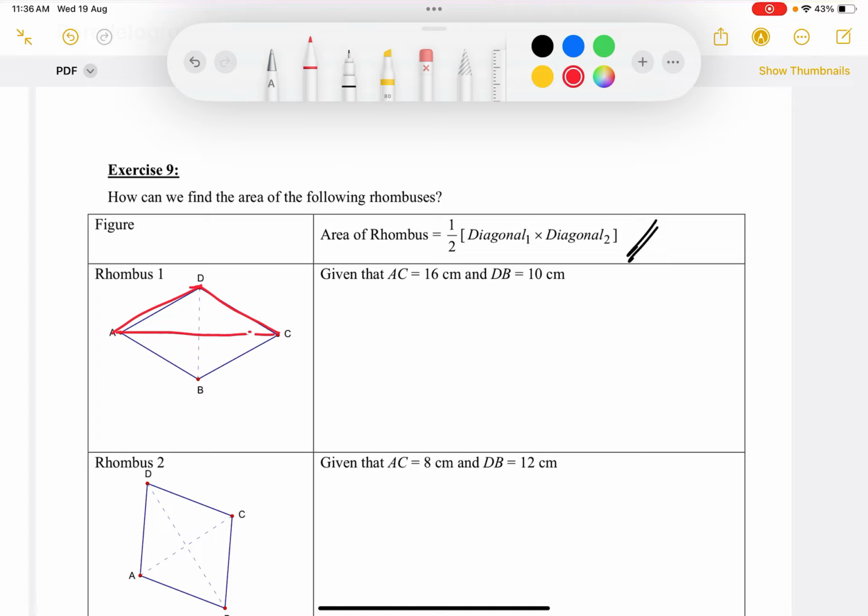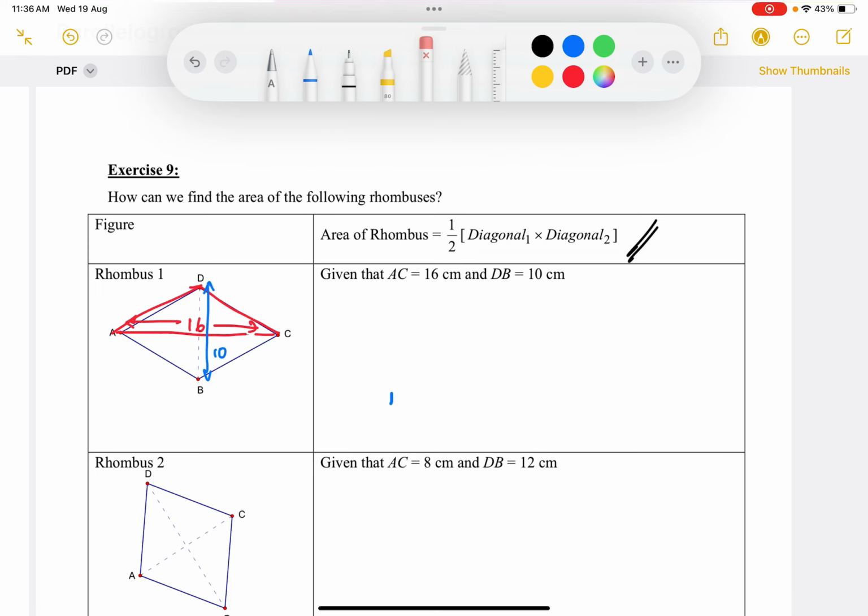And you can see by symmetry, the triangle on top, ADC, is the same triangle as ABC. Information provided, AC is 16, so this distance here is 16. They provided DB is 10, so this portion is 10 cm.